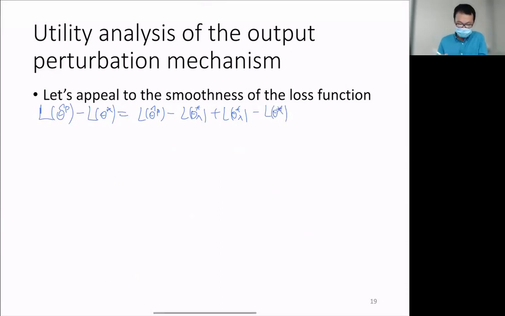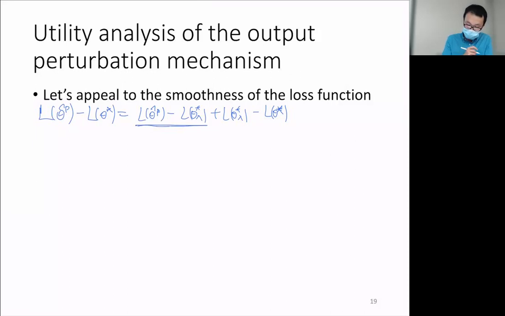And since theta star lambda and theta hat P are essentially minimizing two different things, they're not directly minimizing this L. So in order to analyze this, we have to work with the regularized objective function as well.